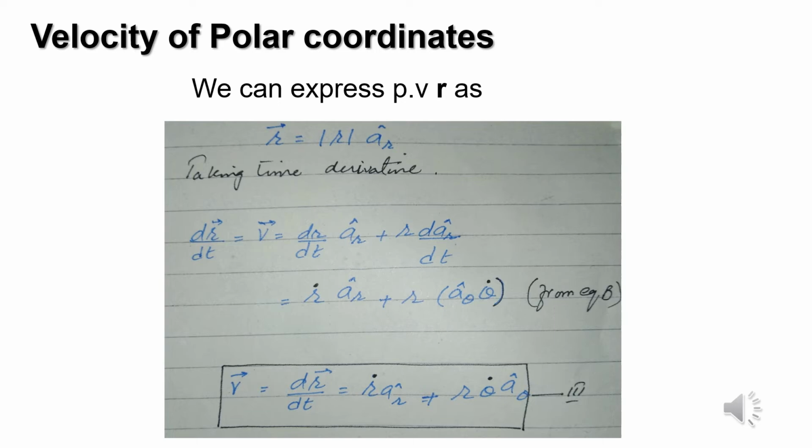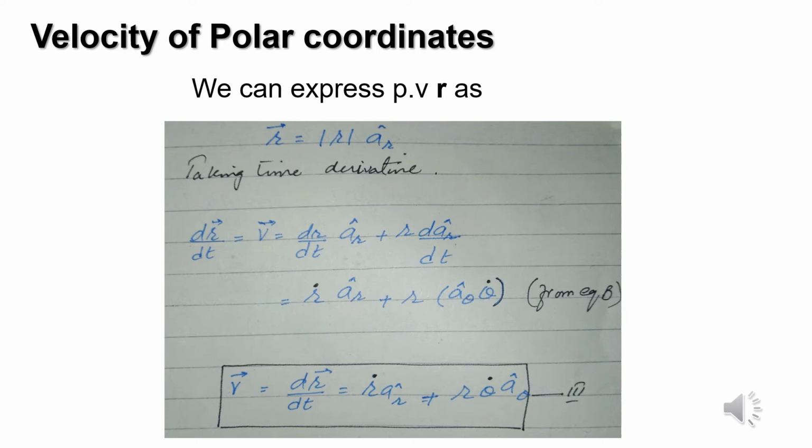Now taking the time derivative for the position vector r, dr over dt is equal to v vector is equal to dr over dt AR unit vector plus r d AR unit vector over dt.